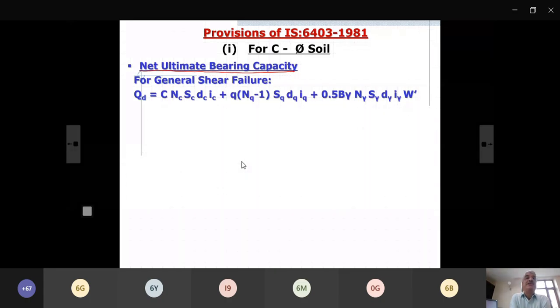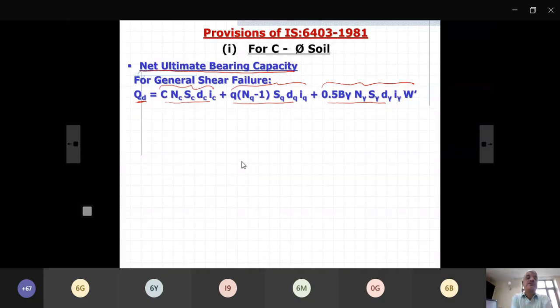First for general shear failure, and this qd, which is the net ultimate bearing capacity, is calculated by this. If you see, there are three parts of this equation. The first part is stated to be due to cohesion, the second due to overburden, and the third is the dimensional part. These are called the C quotient, Q quotient, and gamma quotient, which is what we normally remember.